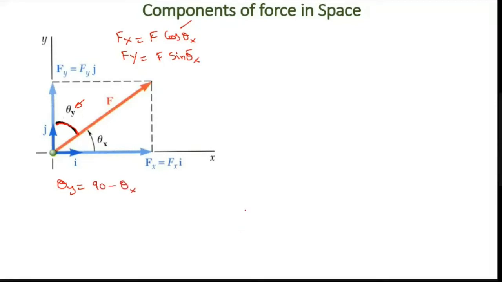Now if I bring my force to y, even though your theta x is increasing, if we consider theta y, your theta y is decreasing. So in that case, I can say that fy is nothing but f cos theta y, right?